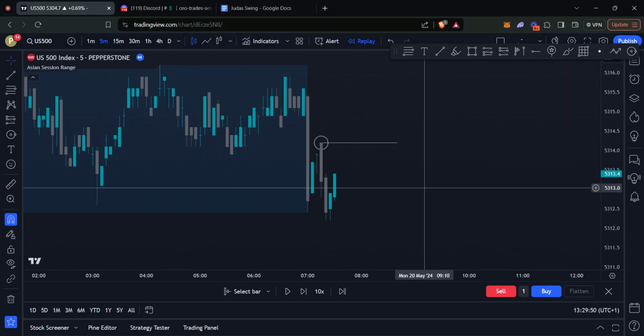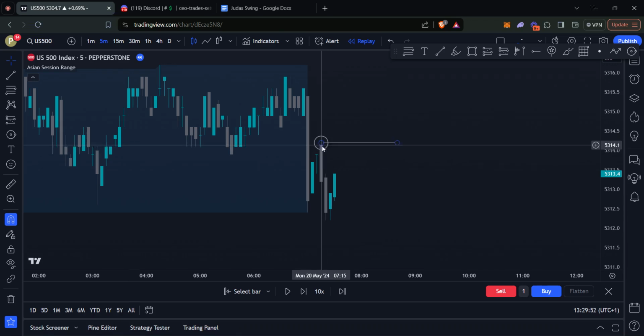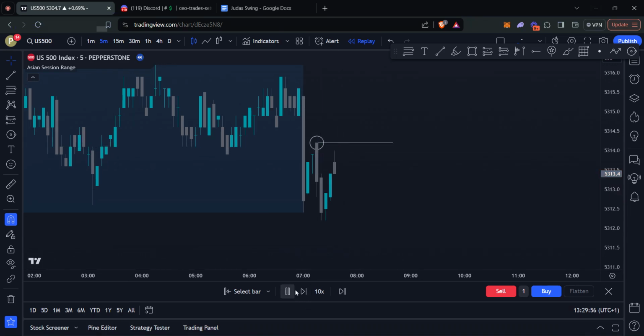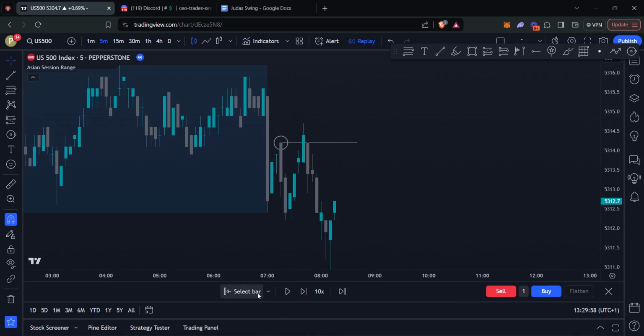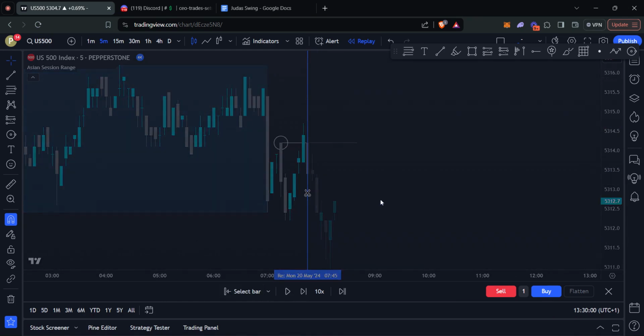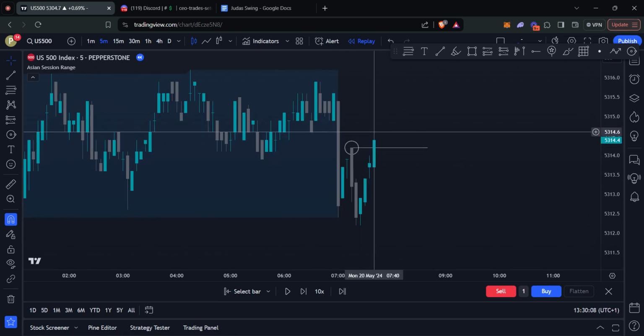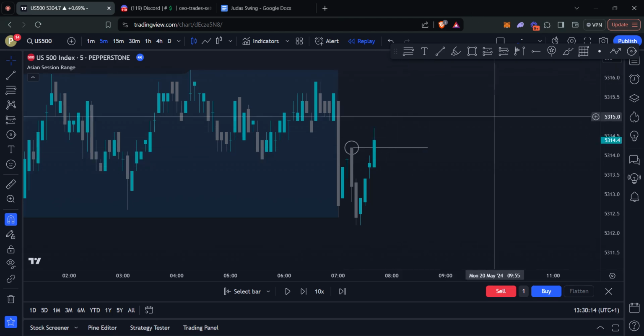So if I mark this out like this, once we get a break above this area, this lower high, that is our market structure shift. And as we can see right there, price does go on and give us that market structure shift. It closed above this previous lower high. Therefore, we've now put in a higher high. Therefore, our next anticipation is that we're going to get a higher low and then a new higher high.